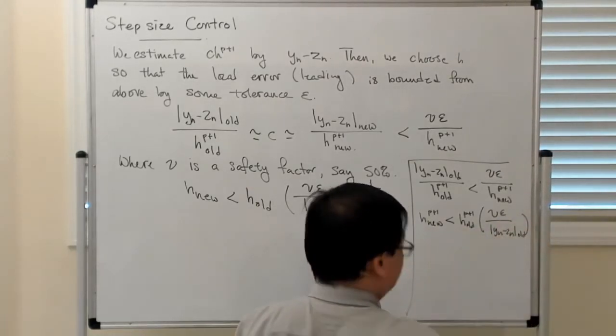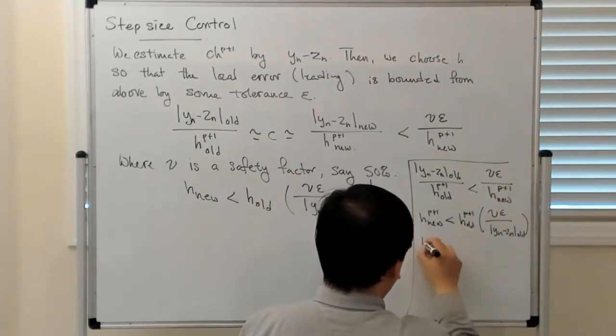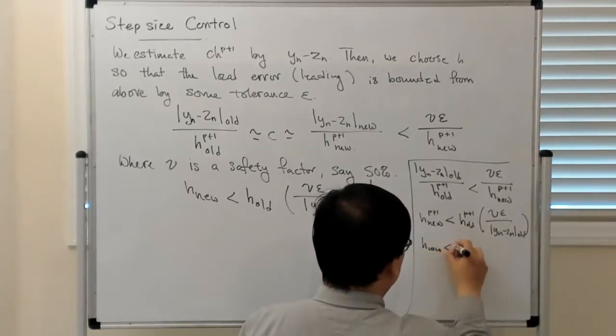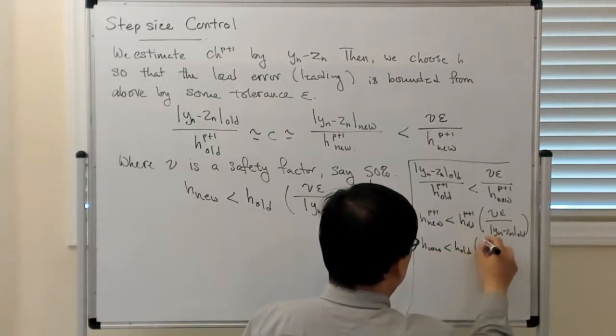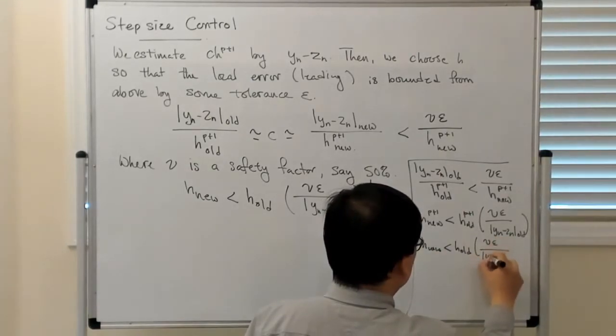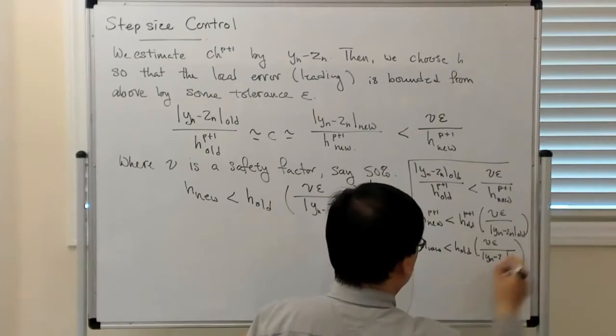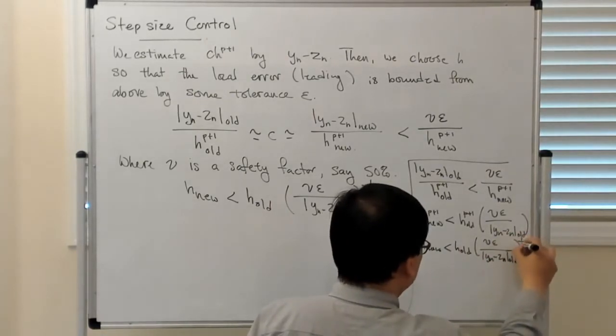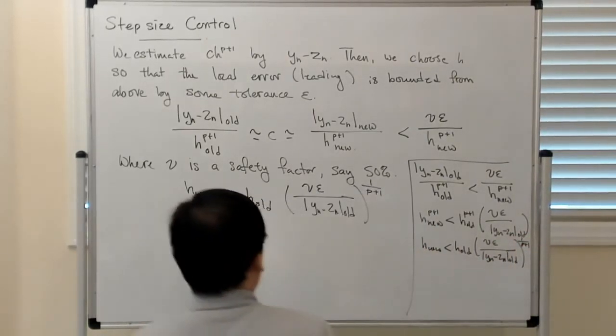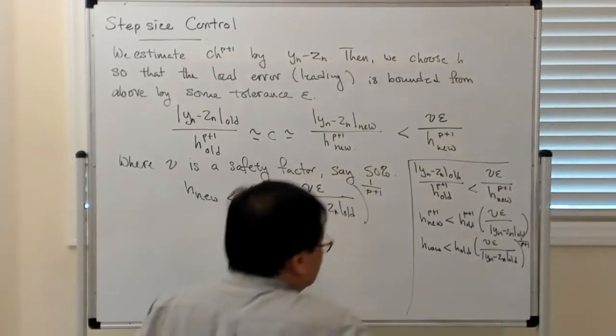And then taking the P plus first root gives me h new is less than h old times this quotient to the 1 over P plus 1. So that's where we got this inequality from.